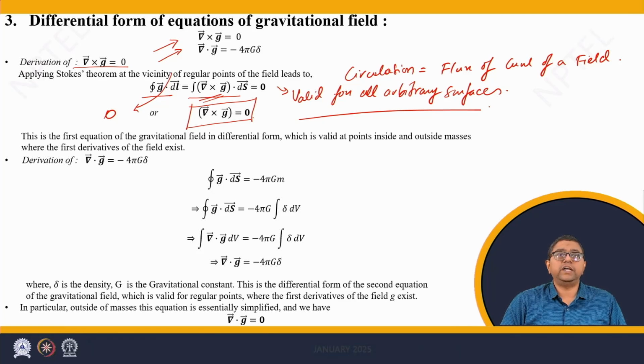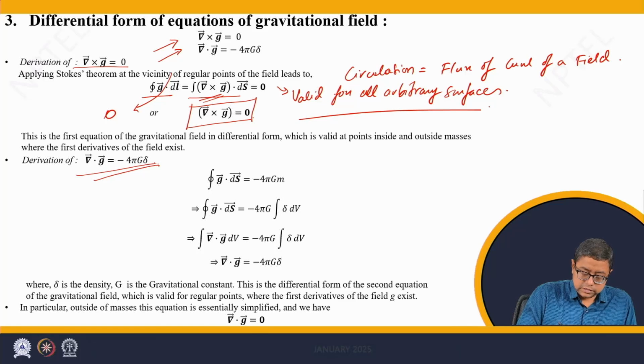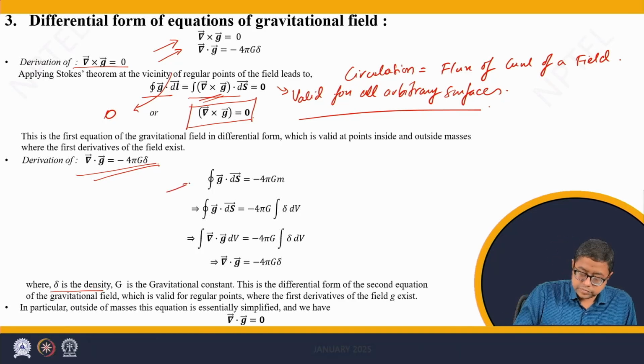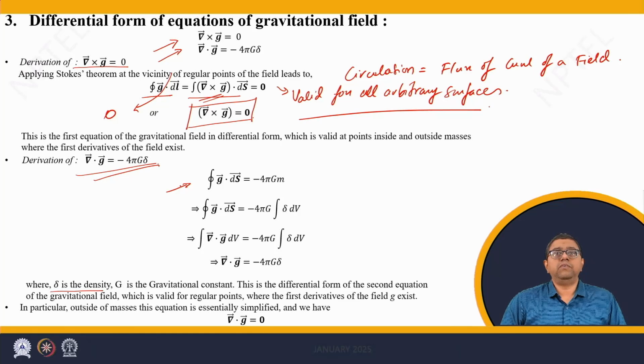Next, we look into the derivation of divergence of g equals minus 4π G δ. Here, δ is the density. We have the integral g dot dS equals minus 4π G M from the integral form of the gravitational field, which we have discussed just previously.